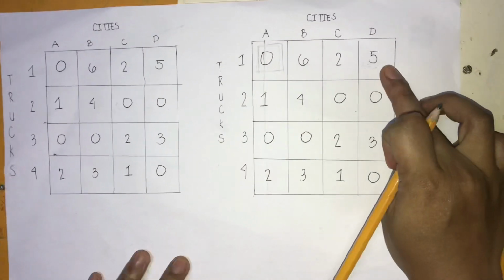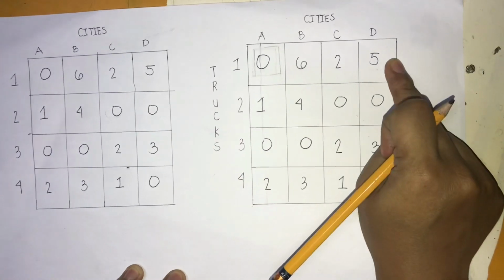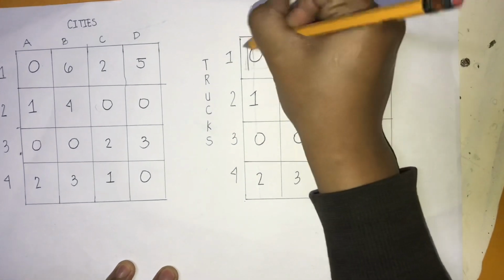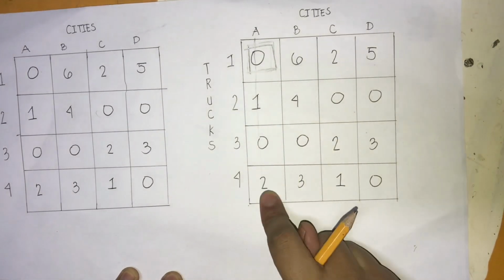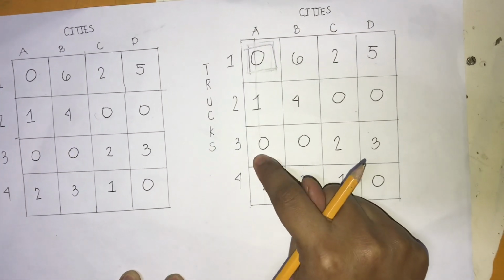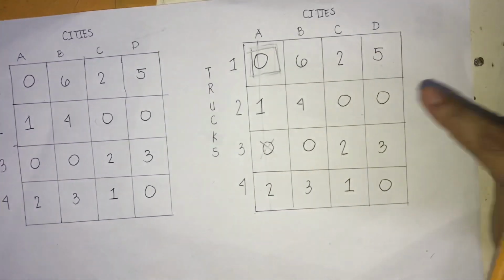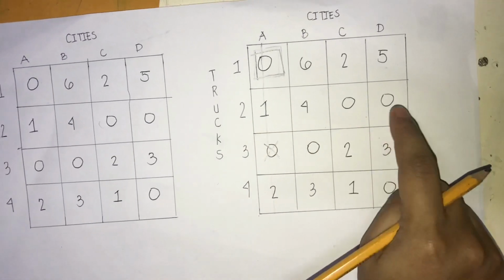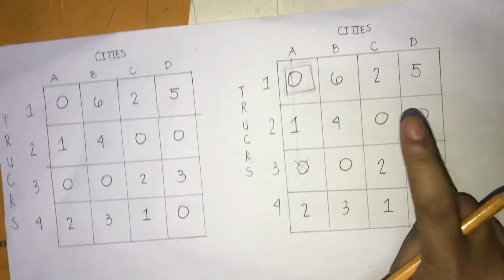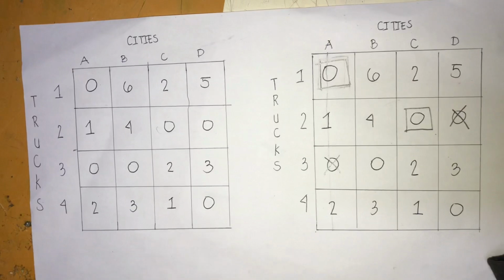Column 1. Since siya lang ang 0 sa iyang column, atoa siyang i-box. And if i-check nato siya per row, naay other 0 which is ato na ning i-cross. Column 2. If ato i-check, naa diay duha ka 0 and kaning first nga 0 ato i-box, and atong i-cross ang the other 0.